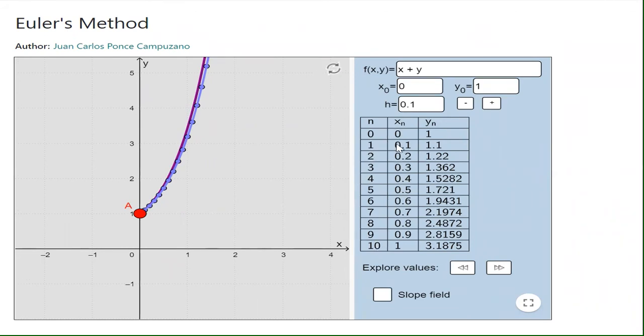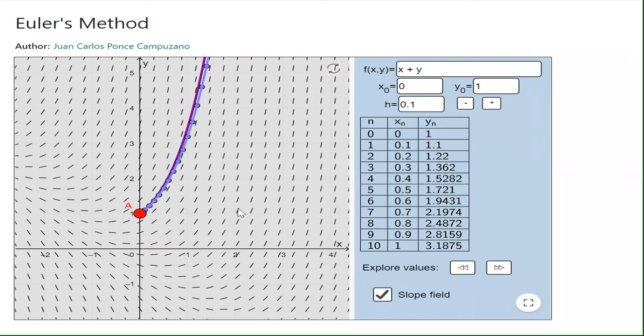In our case, we are going to find y at 0.2. From the calculation, you can see by Euler's method, y at 0.2 is 1.22. If you want to see the slope field together with this graph, it's convenient to see the trajectory of the curve if you start at the initial point 0, comma 1.